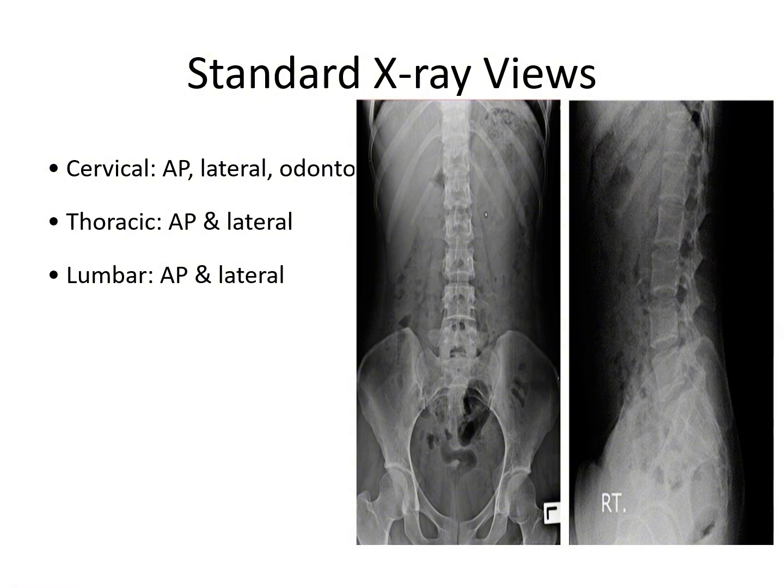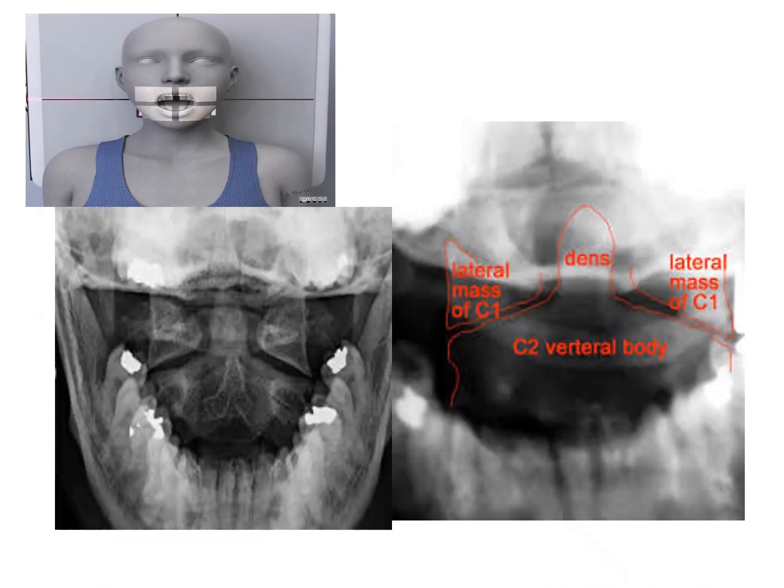So let's see the odontoid view. The odontoid view is a specialized X-ray projection focused on clear visualization of the odontoid process or dens. Here we can see this is the dens, denoted by this outline.